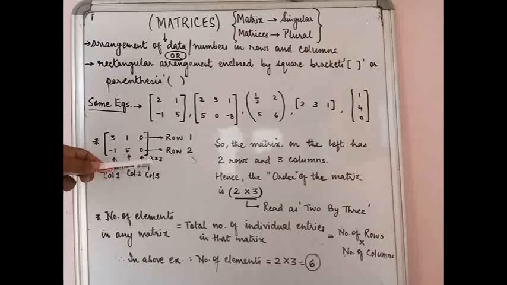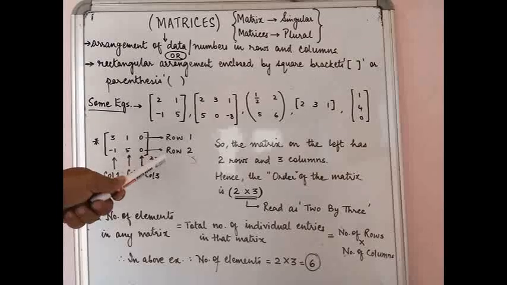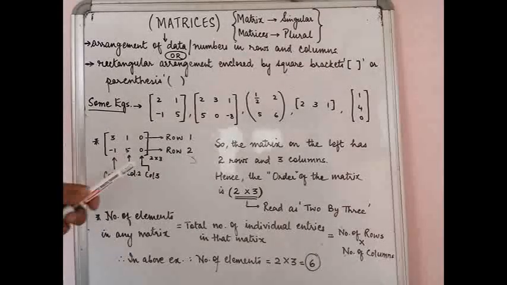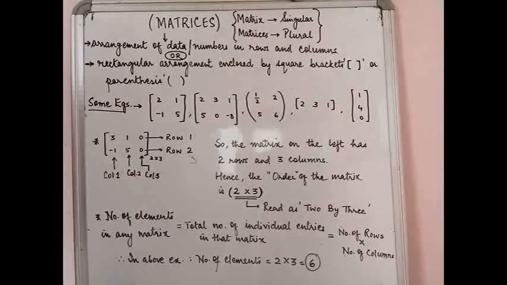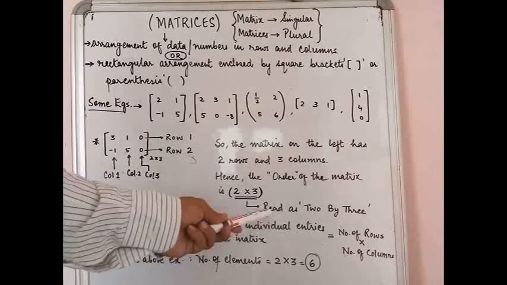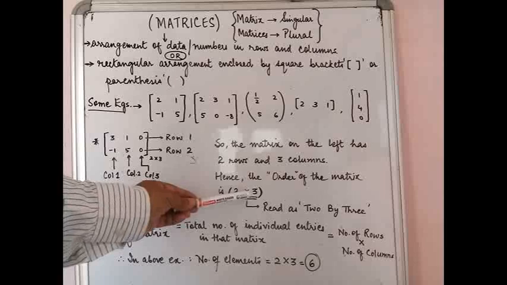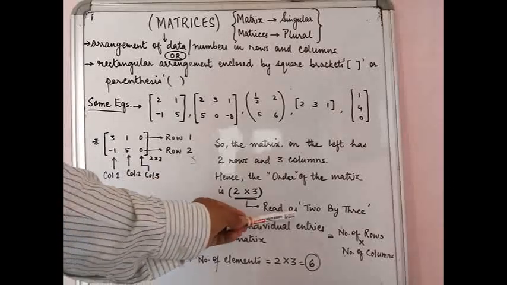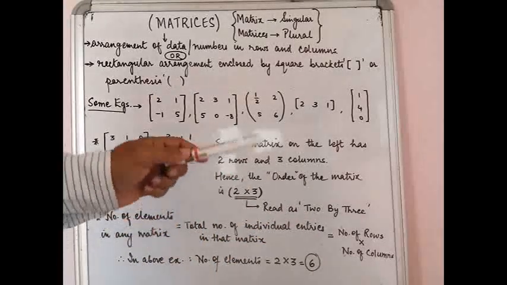One will be the number of rows, given by the first number, and the second number will show you the number of columns. So for this particular matrix we will obviously write 2 first and then 3 in the second place, separated by what looks like a multiplication sign, but this is not called multiplication over here. The order of the matrix is 2 by 3. You will read it as 2 by 3. You will not say 2 into 3. You will say 2 by 3.